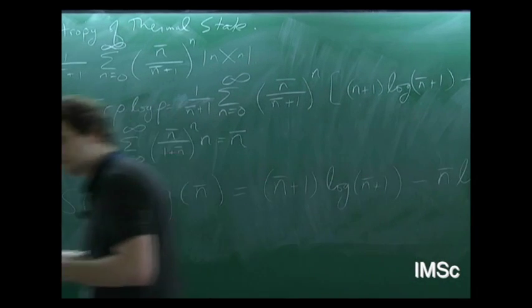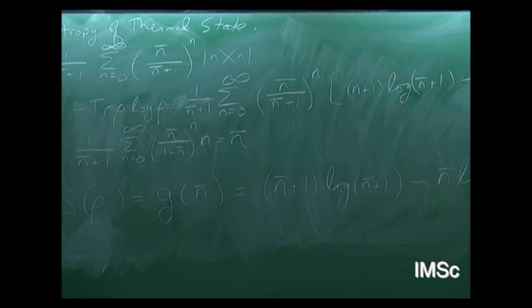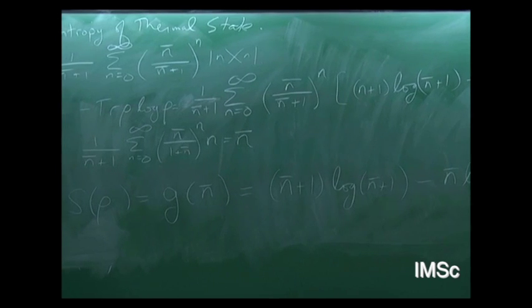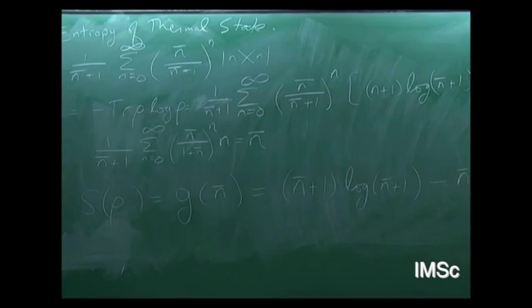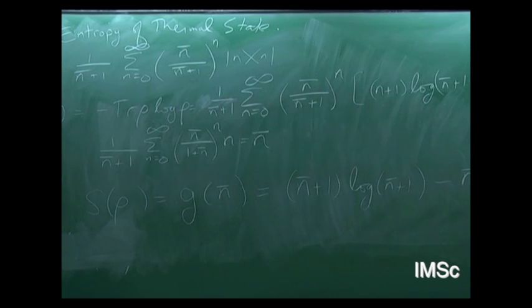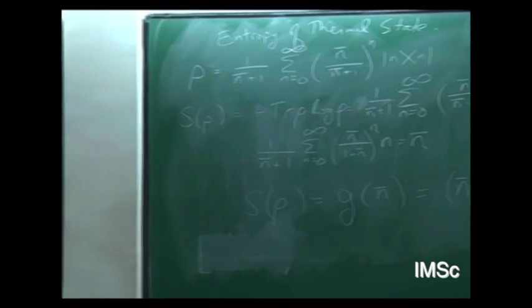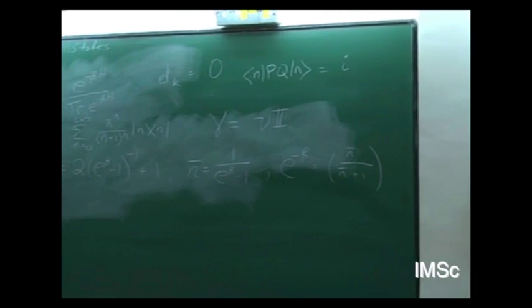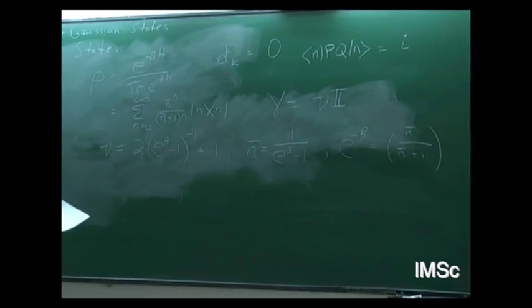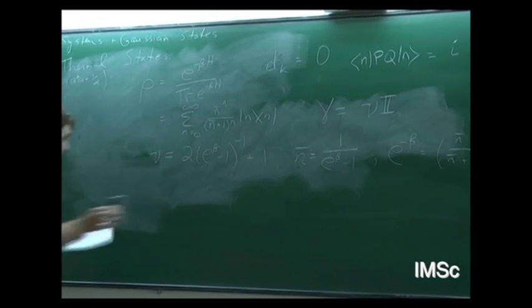Okay, so that tells us the entropy of a thermal state, and we've gone through some examples of Gaussian states. These are just states that are completely characterized by their displacement operator and their covariance matrix. So a question you might wonder is which covariance matrices and displacement operators are allowed.